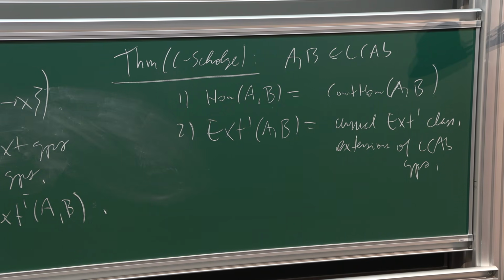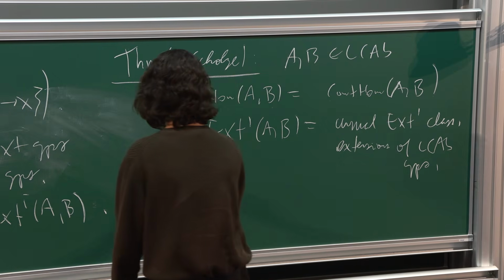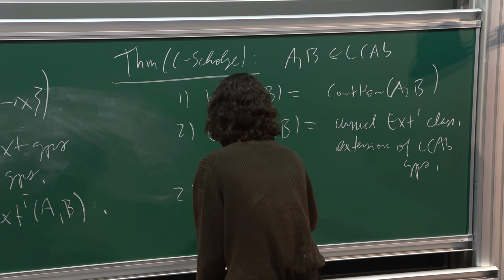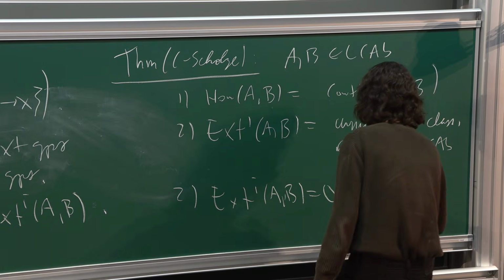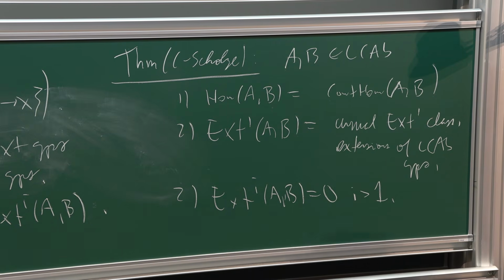And then the third thing is that Ext^i(A,B) equals 0 for i bigger than 1. So really it's as simple as possible.